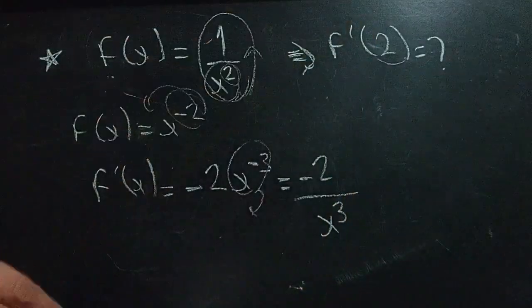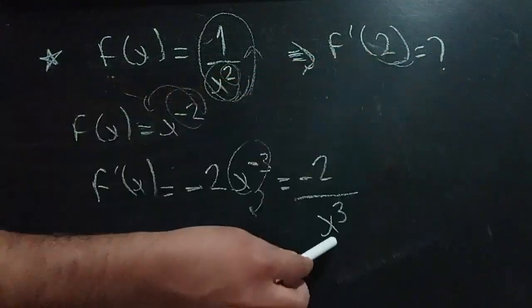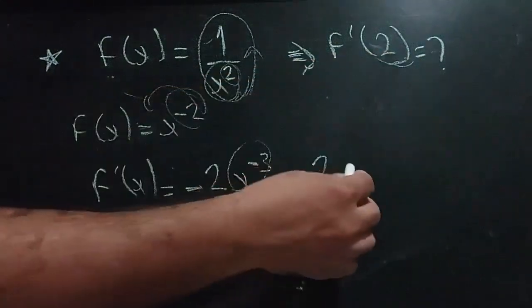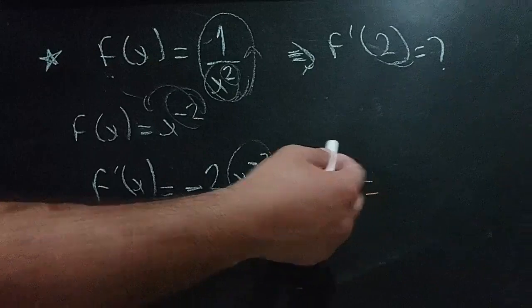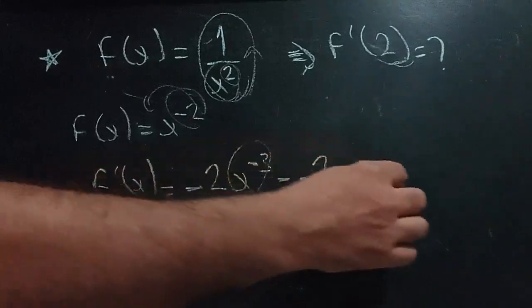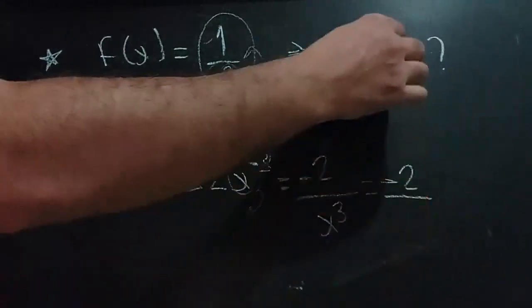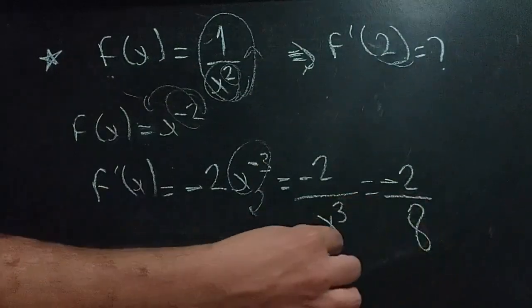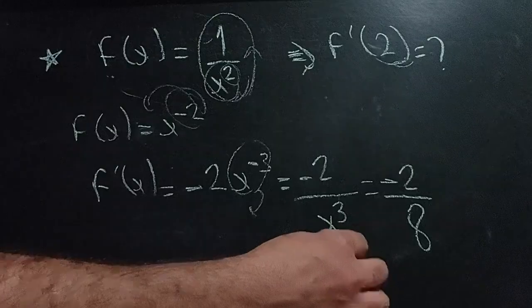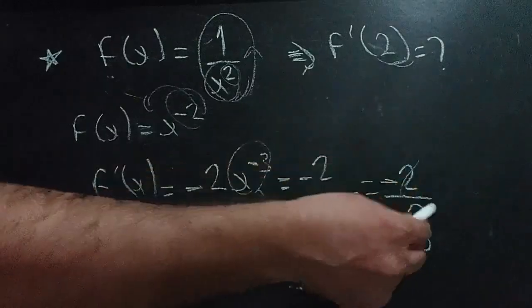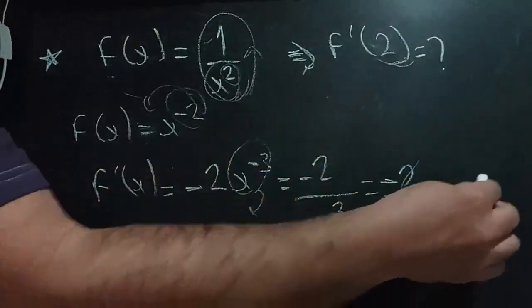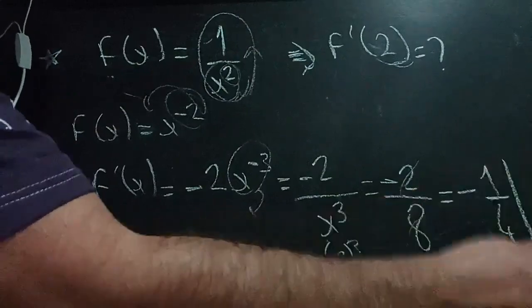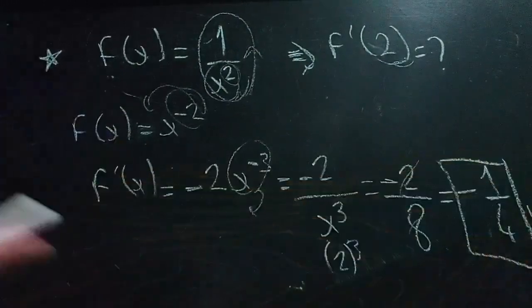So you are going to put 2 instead of x. 2 cubed is going to be 8, isn't it? You simplify, and that will be negative 1 over 4, your final answer.